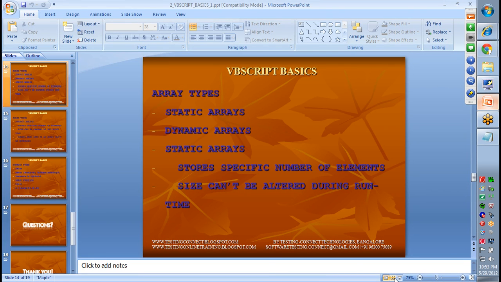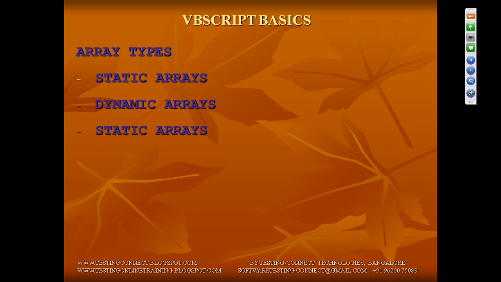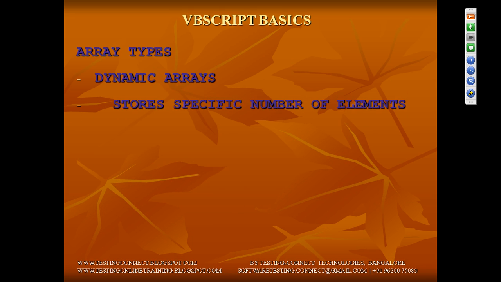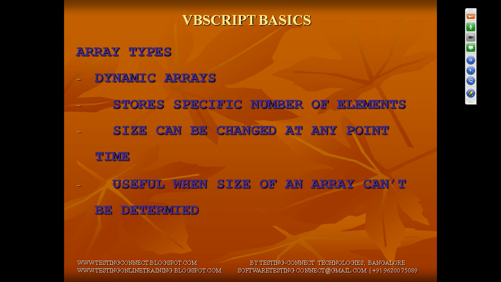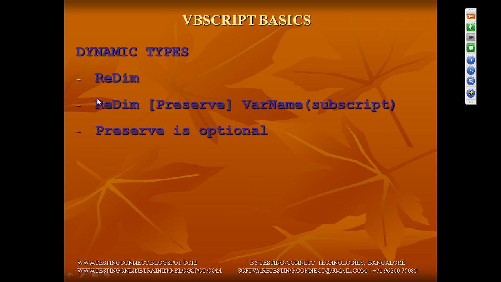So this is nothing but arrays: static arrays and dynamic arrays. A static array has a specific size that cannot be altered. A dynamic array's size you can change, so it is useful whenever the array size cannot be determined. This is the syntax for the ReDim statement: Redimension, and Preserve, which I have given in square brackets, is optional.